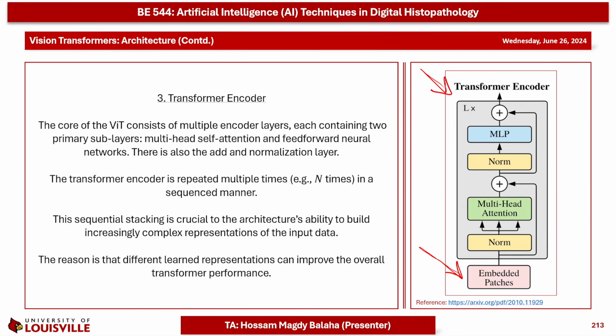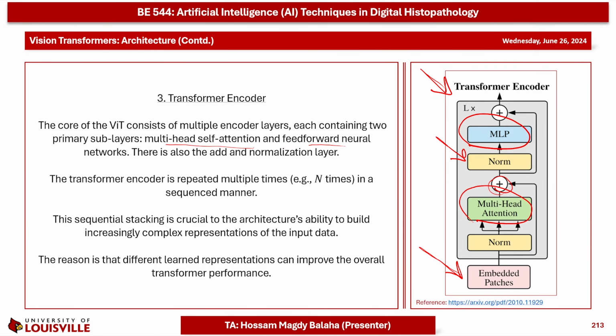So the core of the vision transformer encoder is found in two primary sublayers. The first is called multi-head self-attention, and the second is the feed-forward neural network, which is here and here. In the encoder, there are also the add and normalization layers. Each of them has a specific task.